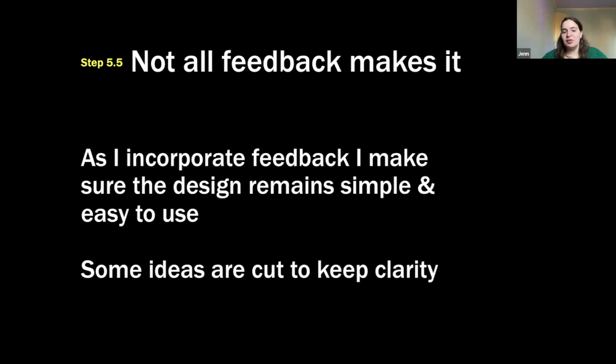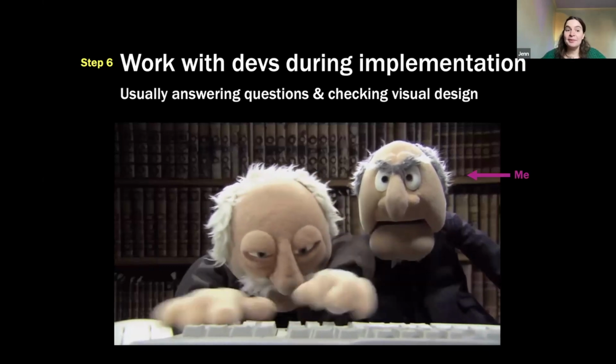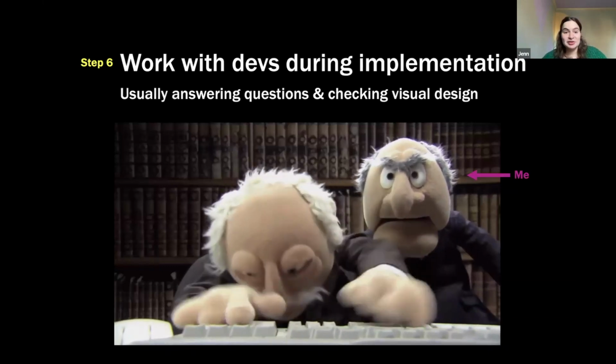So know that as you're hearing feedback, you're listening, you're writing it down, but you do not have to take these ideas. You're the high level designer. It's your job to decide where you want to keep things clear and what's relevant and what isn't. Next step is I work with developers during implementation.